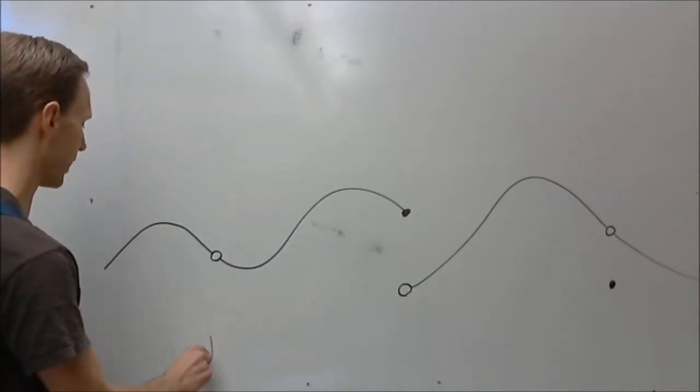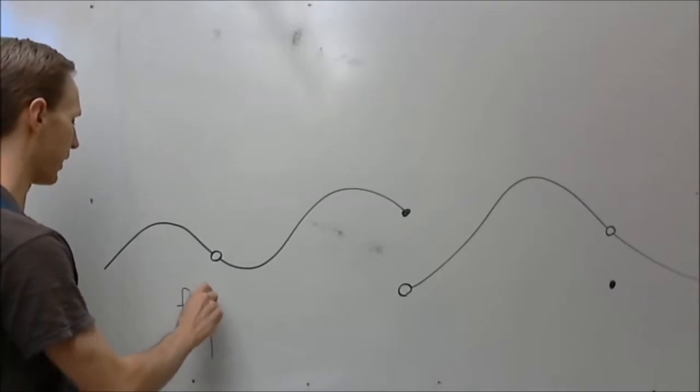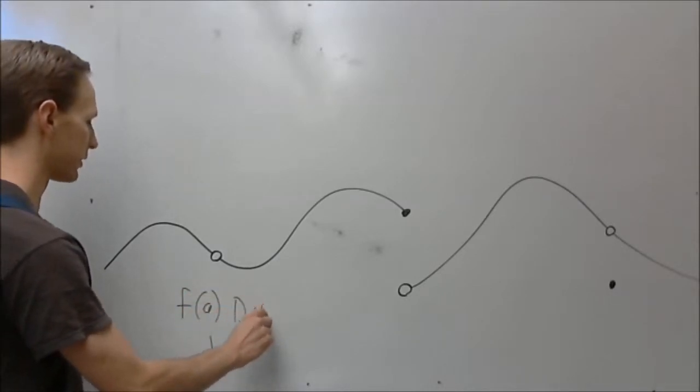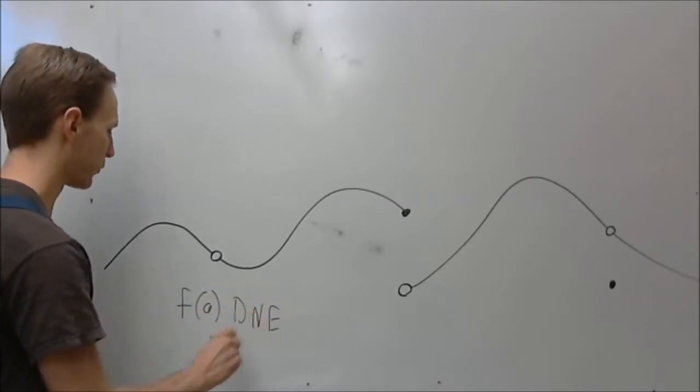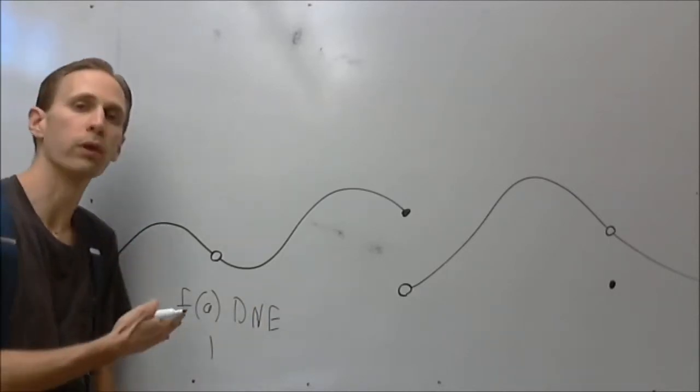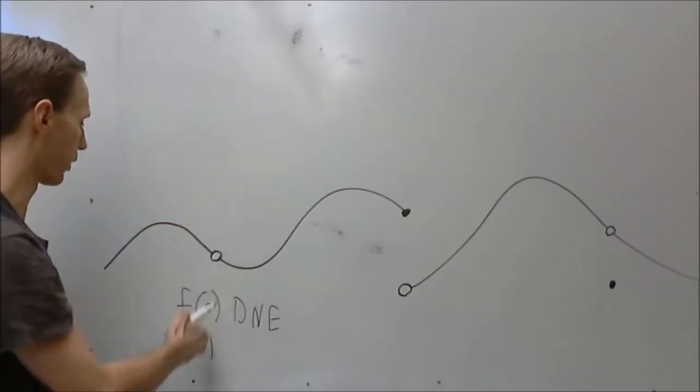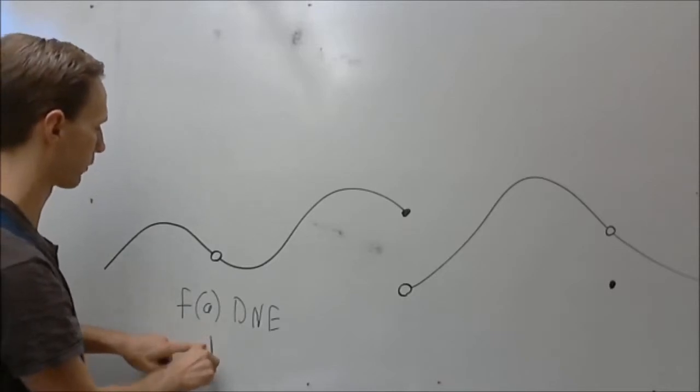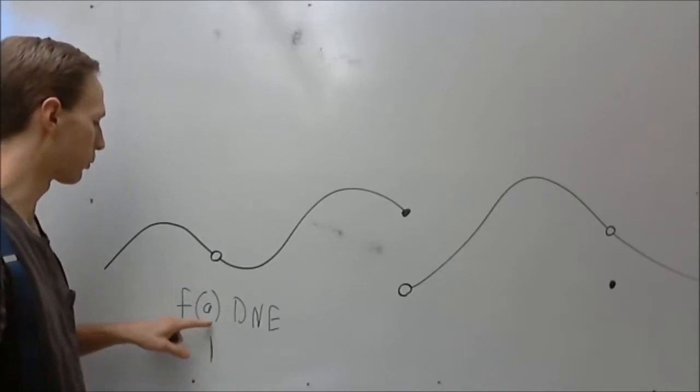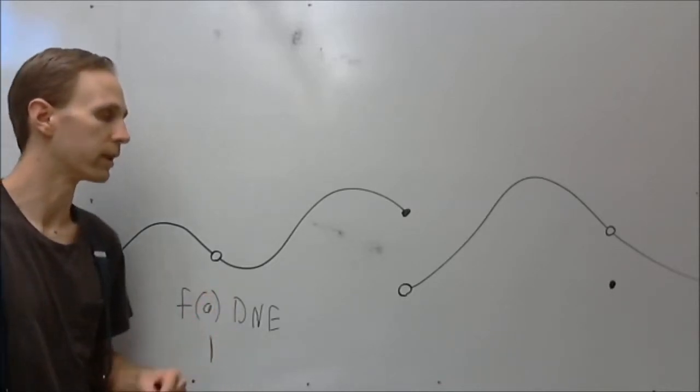Okay, if this value is a, we would say f of a does not exist. And that's fancy talk for just saying that there's no point there. There's no point corresponding with x equaling whatever this x value is. So f of a does not exist.